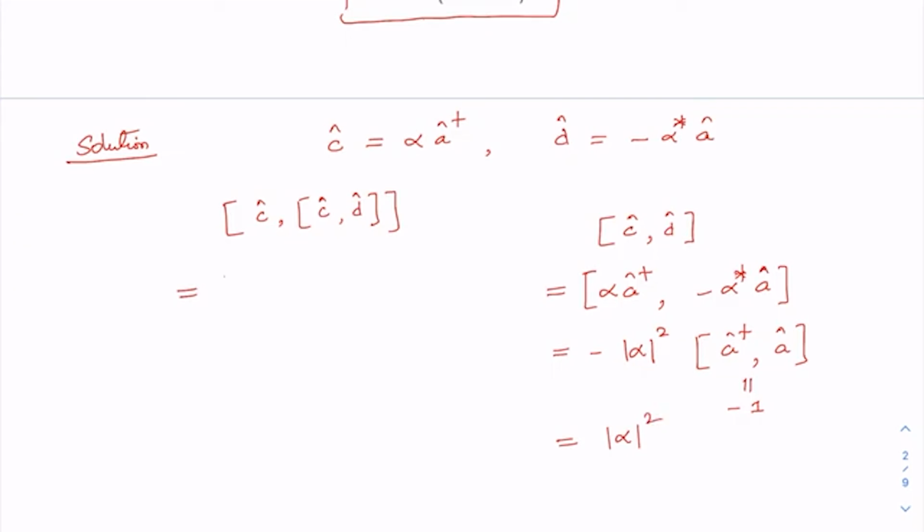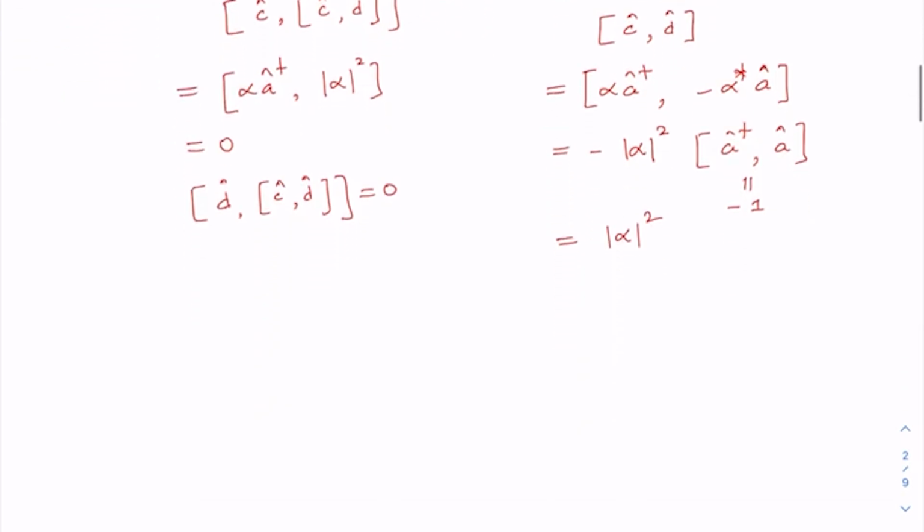Here therefore I have C equal to alpha A dagger and the commutator [C, D] equal to mod alpha square, which is just a number, so therefore the commutator with C is equal to 0. Similarly, we can prove in the same way that D commutes with the commutator [C, D]. So therefore our choice of C and D is alright, and we can apply the formula.